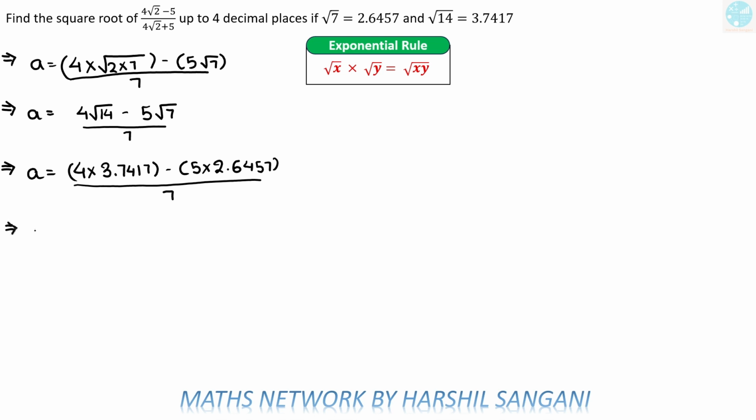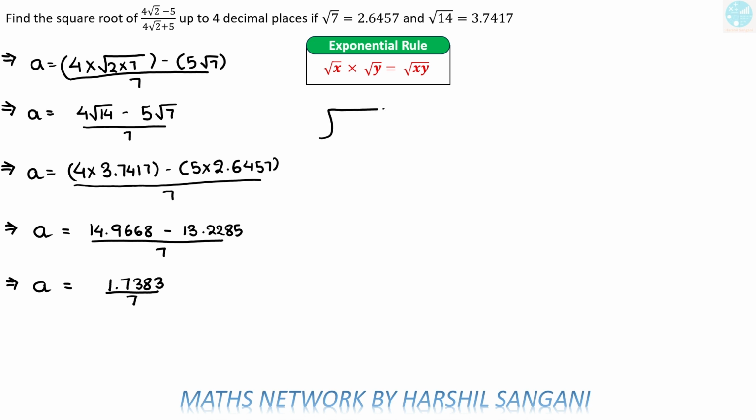When we do the multiplication, we will get A equal to (14.9668 minus 13.2285) upon 7. Now we can simplify it further and have A equal to 1.7383 upon 7.